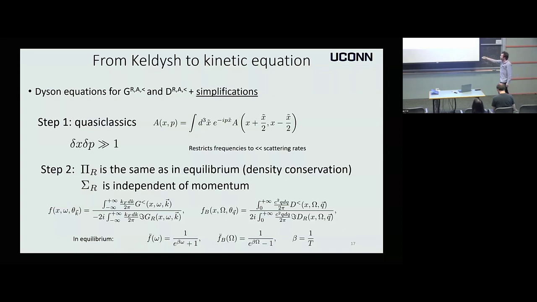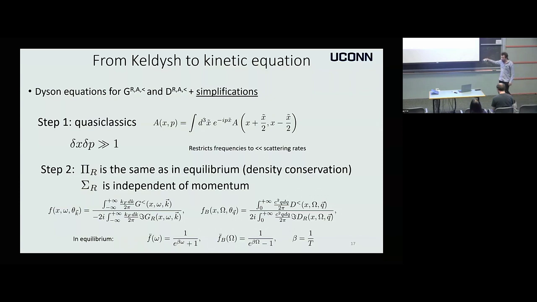And if your variations in real time and real space are slow enough, we consider homogeneous fields, and this implies a limit on how large frequencies we can consider in this approach. Then a lot of calculations simplify, and you can just get your functions to be functions of real space and momentum, similarly to the Boltzmann equation. So the second step is more specific to this model.